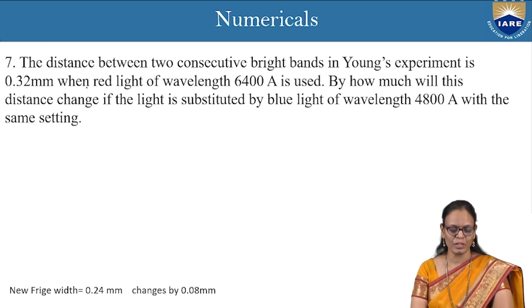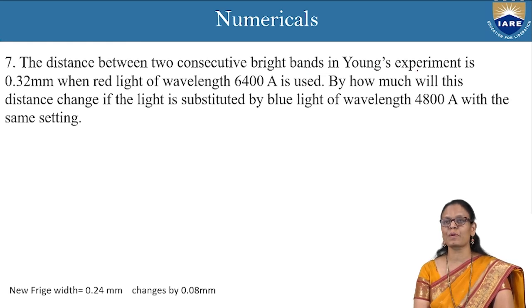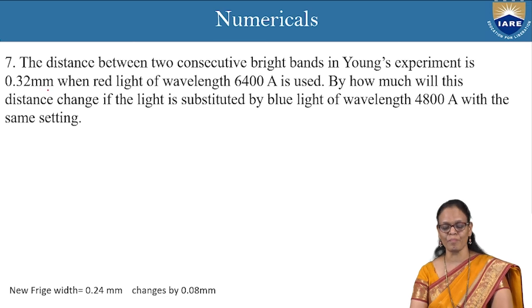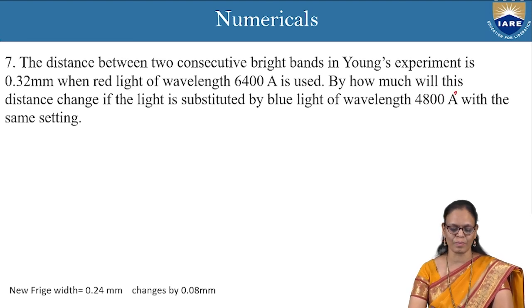Now the seventh one. The distance between two consecutive bright bands in Young's experiment is 0.32 mm when red light of wavelength 6400 angstrom is used. By how much will this distance change if the light is substituted by blue light of wavelength 4800 angstrom?